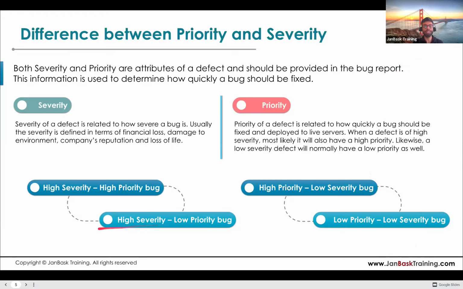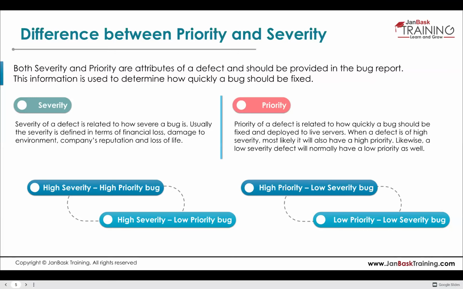Now let's come here again. High severity and high priority bug. This is very easy. You are trying to log into Amazon.com, right? And you are not able to log in. As you are not able to log into the application, you are not able to place any order, you are not able to do anything, and it will indeed affect the business of Amazon.com, right?